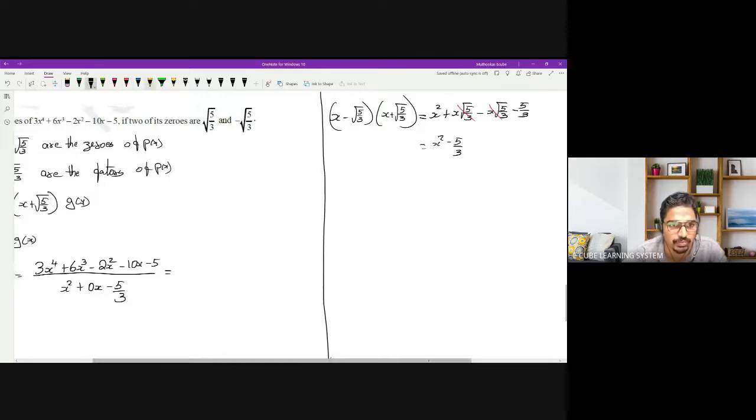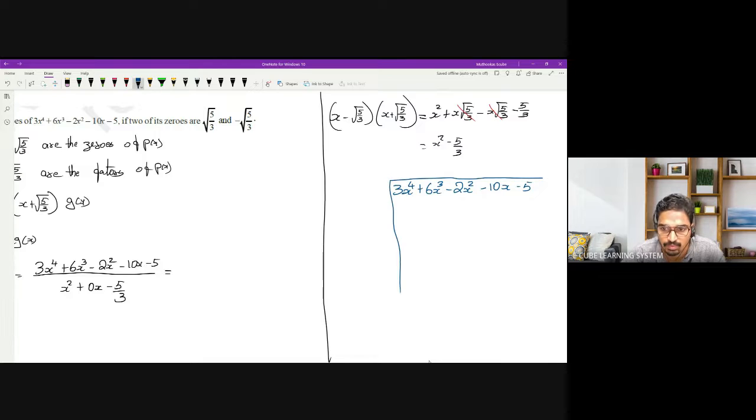Three x raised to 4 plus 6x cube minus 2x square minus 10x minus 5 divided by x square plus 0x minus 5.